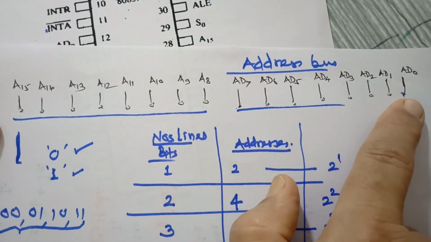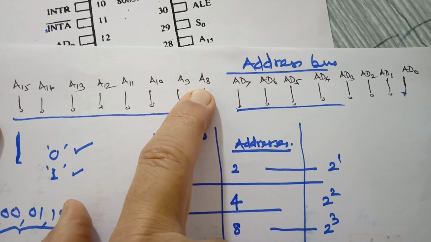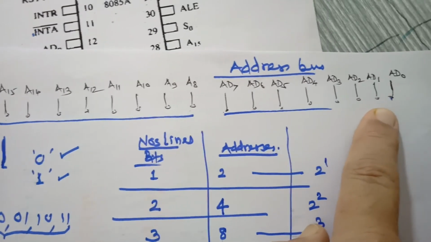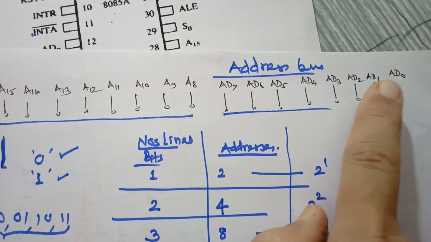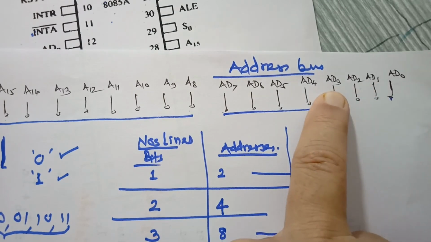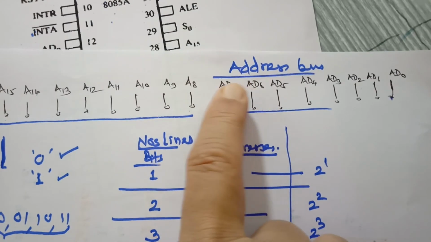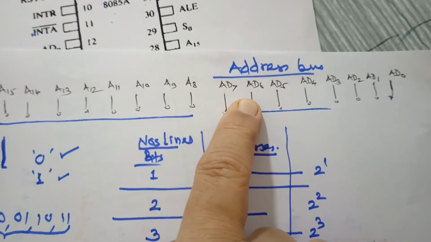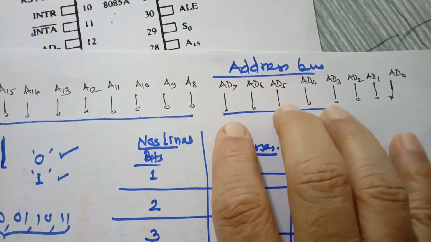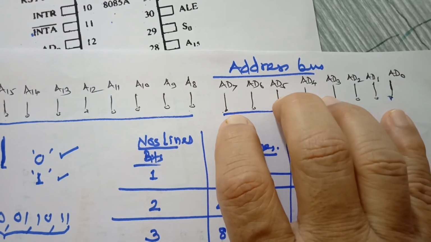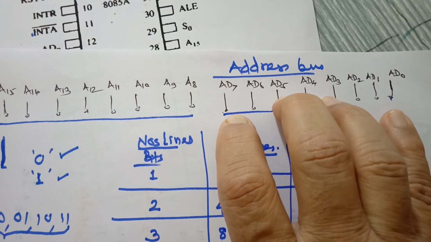Now look at the names. Here A8 to A15 is a pure address bus, but here we are writing AD0, AD1, AD2, like that up to AD7. So the word AD stands for address and data bus. The meaning is that the low order 8 lines of this address bus are multifunction. It is multiplexed.